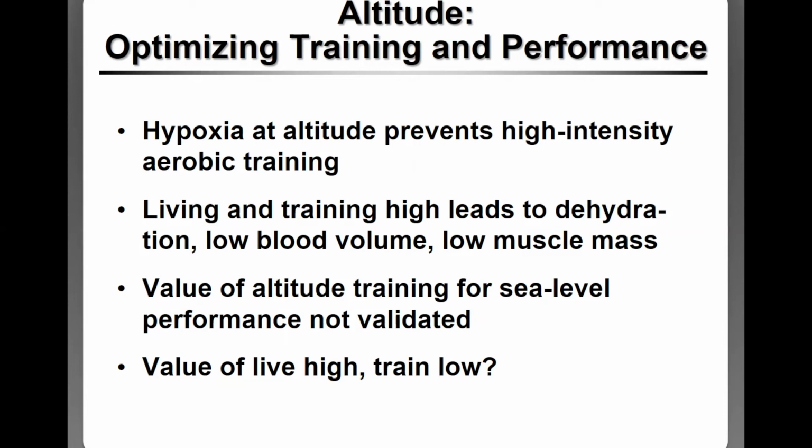Also, living and training high is going to lead to dehydration, a low blood volume, a low venous return, a low stroke volume, and that negative nitrogen balance will also lead to low muscle mass or a loss of muscle mass. So many have asked, what is the value of living high but training low?